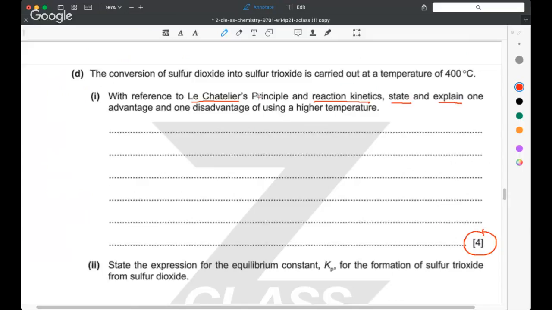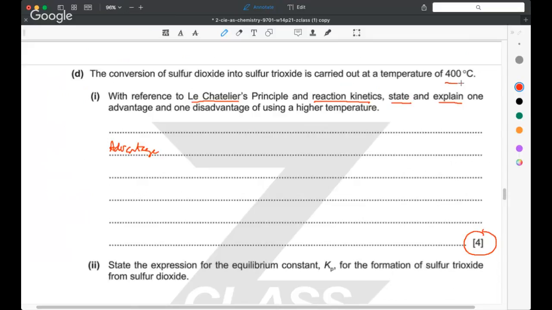For Le Chatelier's principle, state and explain, 2 marks. For reaction kinetics, state and explain, that's your other 2 marks. So you can see, if you pay attention to the question stem, you can work out the allocation of marks.